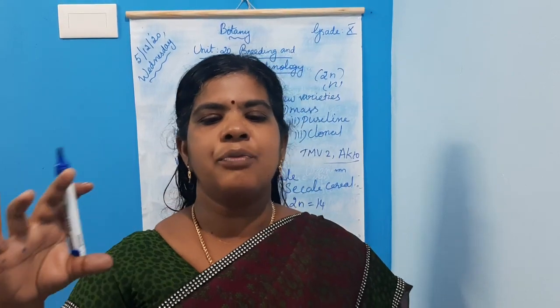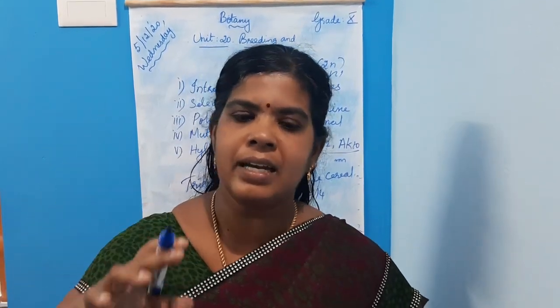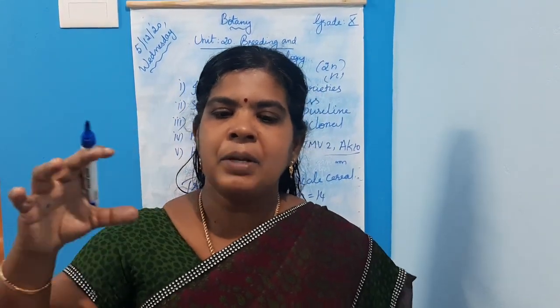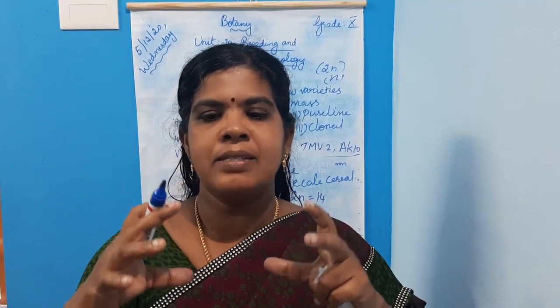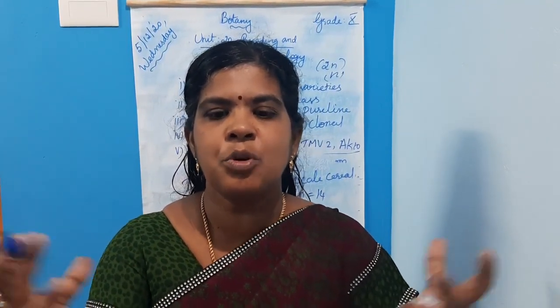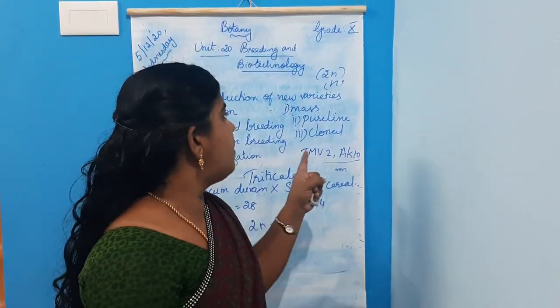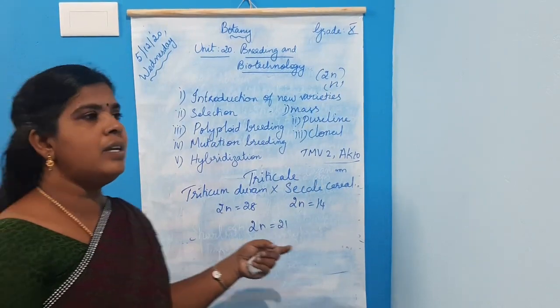So the cycle of crop raising continues till the plants with the desired characters are obtained. What is the main aspect? Combining the characters of two or more plants in one plant. So children, the formation of hybrids is called hybridization.